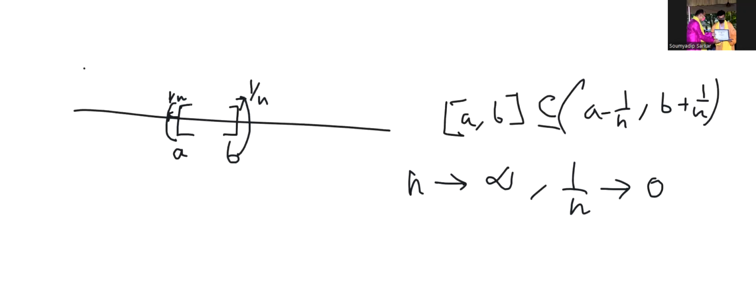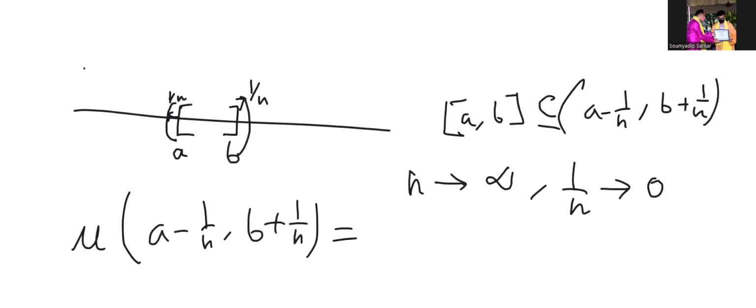And the measure of the open interval, a minus 1 by n to b plus 1 by n, which is the length of the interval, that is b minus a plus 2 by n, will approach b minus a as n tends to infinity, that is 1 by n tends to 0.